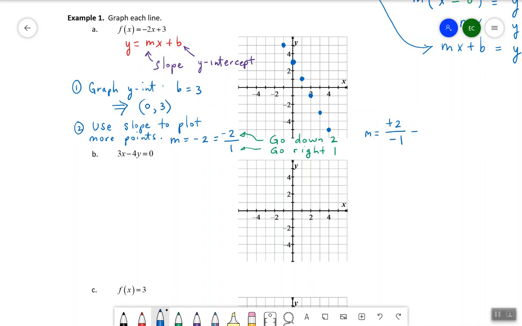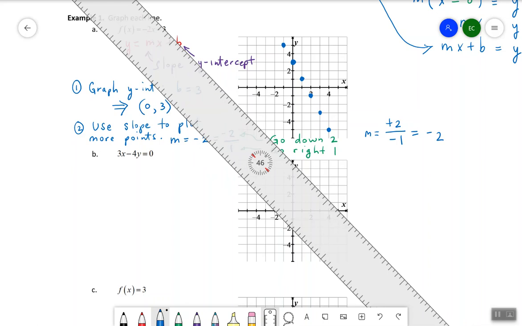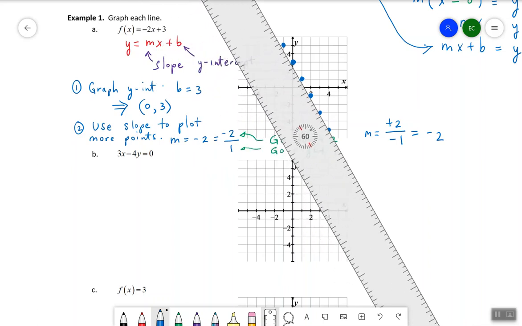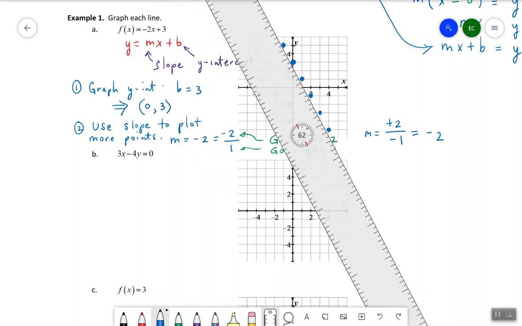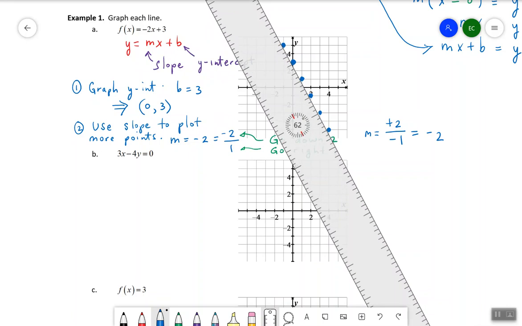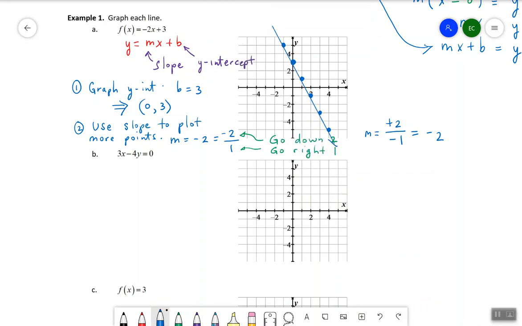And isn't that the same slope, -2, whether the negative sign is in the numerator like we started out with or in the denominator? Doesn't matter. So now we have a bunch of points on this line, and we can take our ruler and draw a nice straight line through these points. And there's the line.